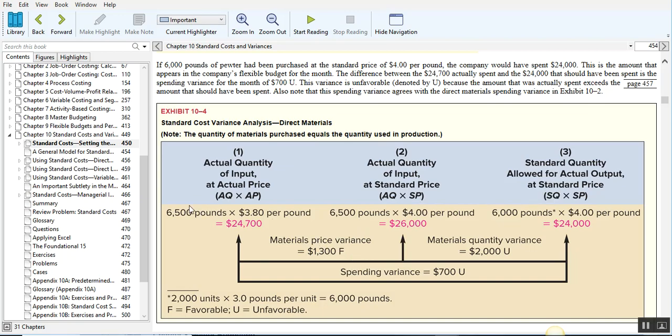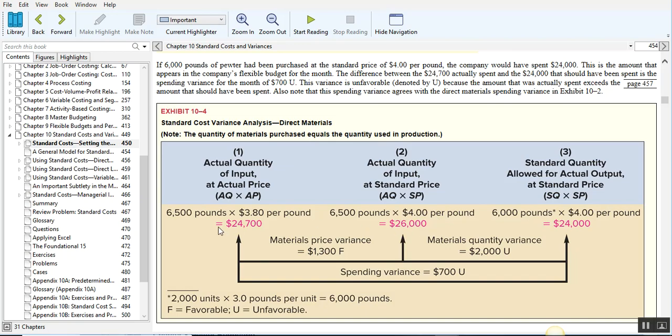Likewise, when we look at this particular difference, we're looking at the difference between actual quantity times standard price and actual quantity times actual price. So we go with the actual quantity that we had over here, and then we have a price difference. So we have the actual price of $3.80 a pound versus $4 a pound over here.